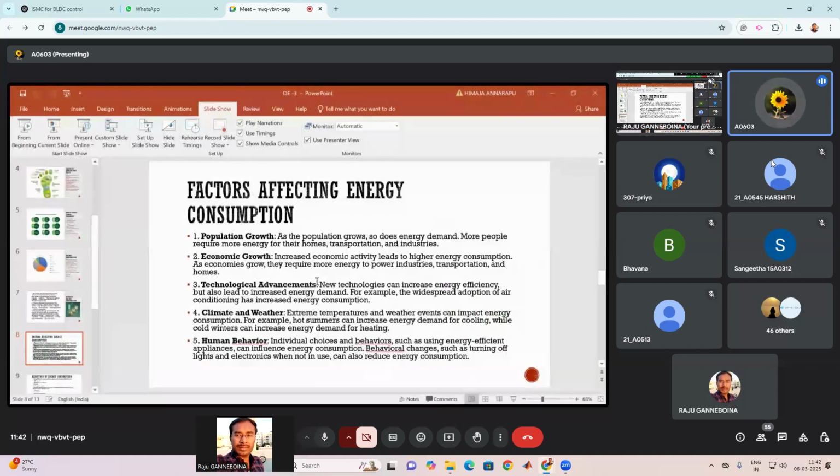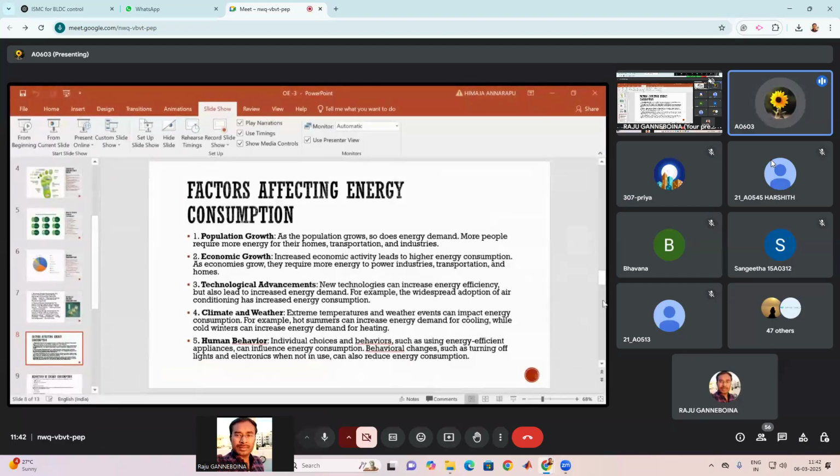Next is technological advancements. Due to the advancement in technologies nowadays, it demands a lot of energy, and also the widespread adoption of air conditioning has increased. So nowadays there is more use of energy taking place, and also climate and weather. Extreme temperatures and weather events can impact energy consumption.